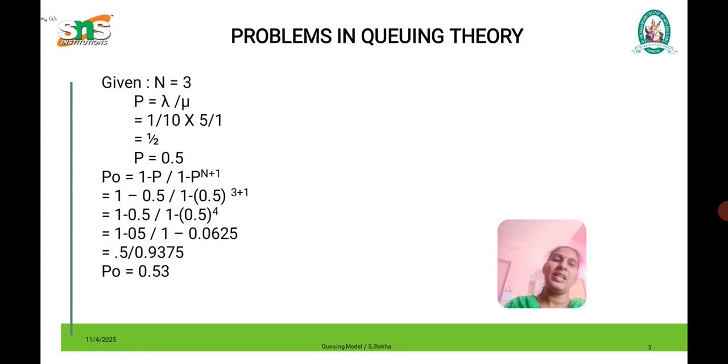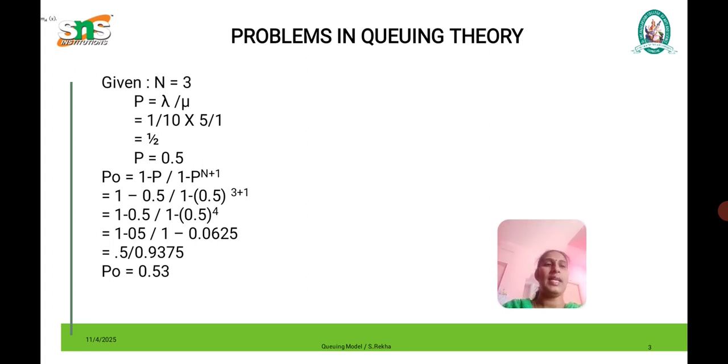What is your n? That is 3, so 3 plus 1 gives 4. So 1 minus 0.5, and 0.5 to the power 4 in your calculator you will calculate as 0.0625. So 0.5 by 0.9375 means we get the answer as 0.53.